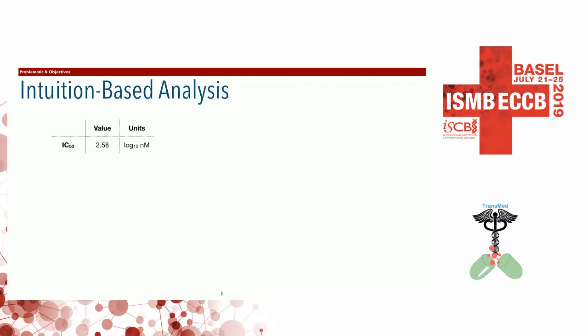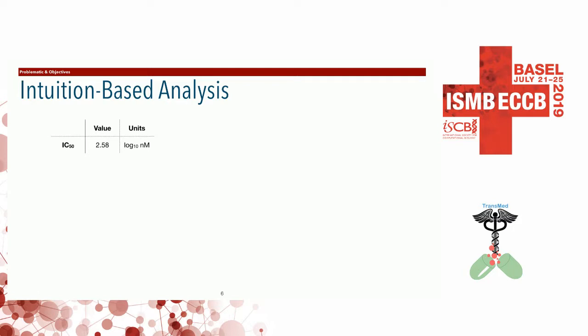Let's say we had an experimental data set, and we wanted to see if that compound is effective on certain cells. If we did the nonlinear regression, we would get an IC50 value. If we based our conclusions solely on this value, we would conclude that yes, this compound seems to be somewhat effective. So we're quite happy with that.